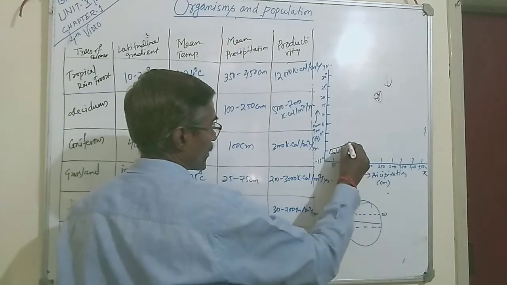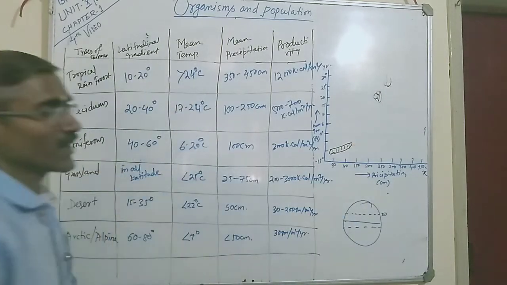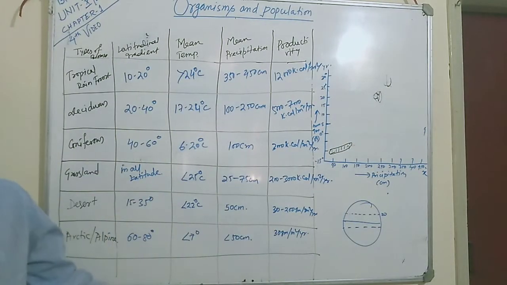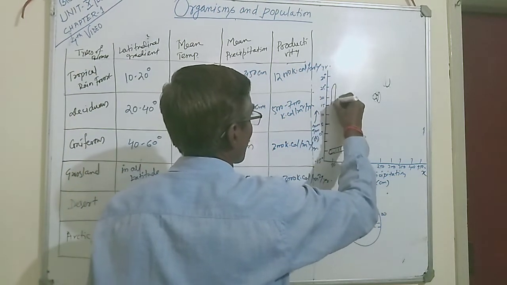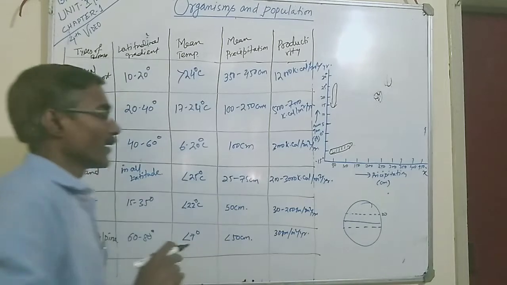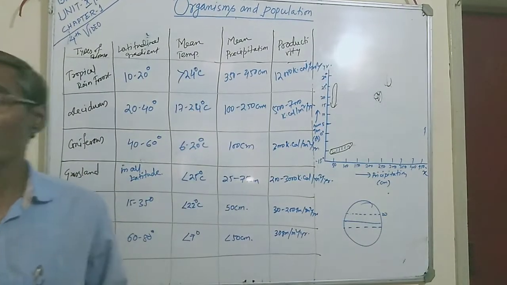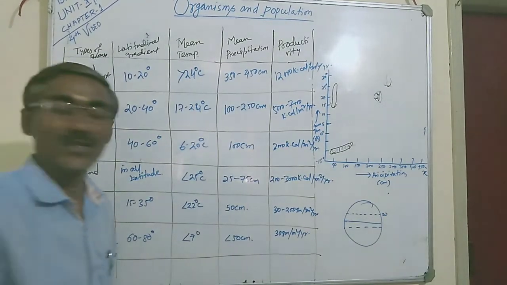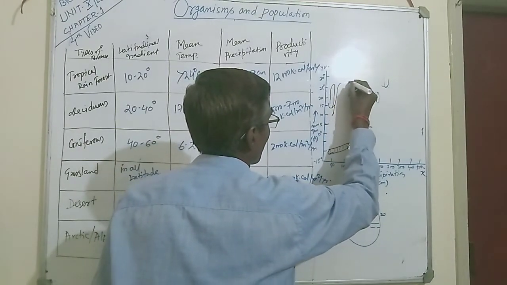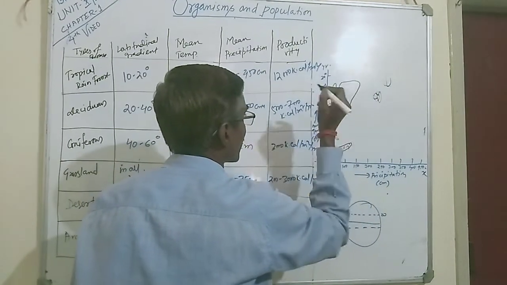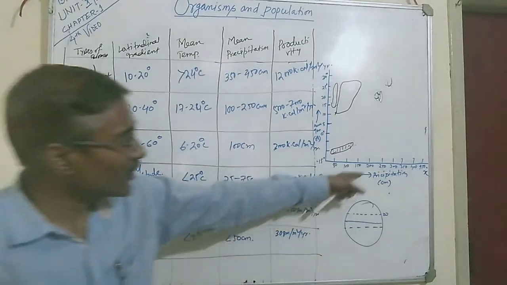The second position is the desert. Then grassland. Start from minimum, and this is the grassland area, and you compare with this graph.